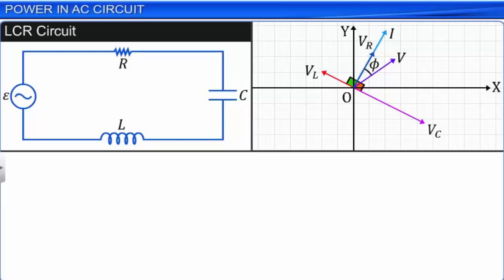Hence, the value of the power factor will be non-zero but less than 1. Hence, the power dissipation in these types of circuits is non-zero.